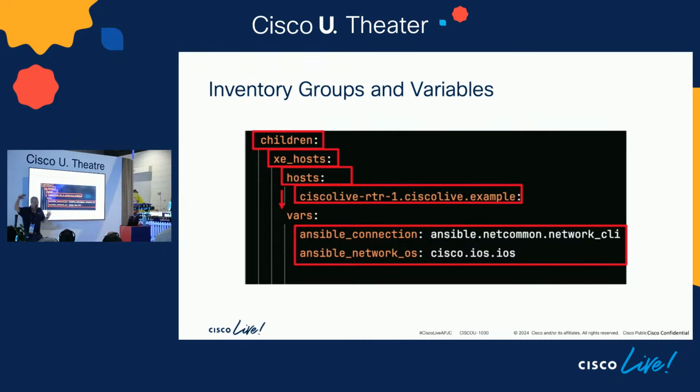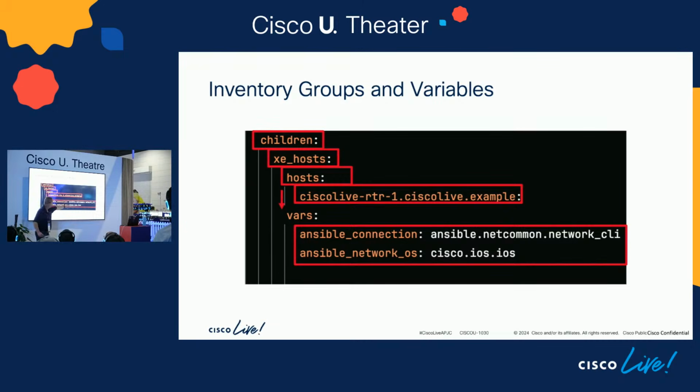So I can define all of my connection parameters for all of my devices in the main inventory. And then once I have all that defined, I can group my devices and apply variables just to this group. So for this group, you can see we're using network_cli for the connection. Maybe we'd have a group for RESTCONF or NETCONF.